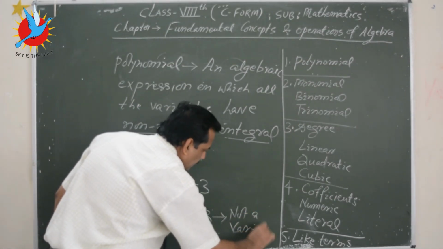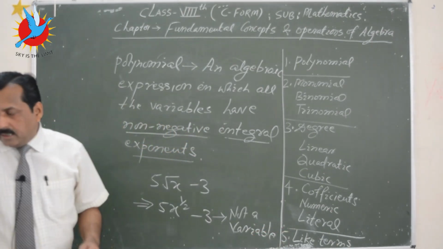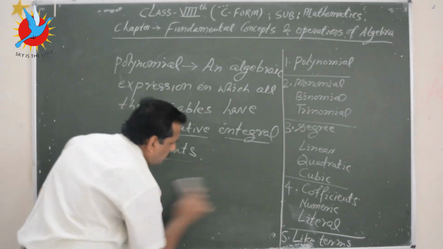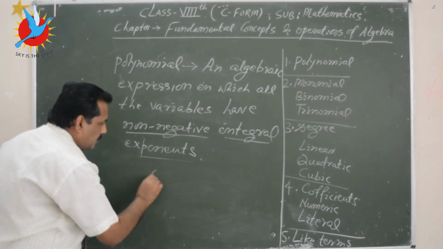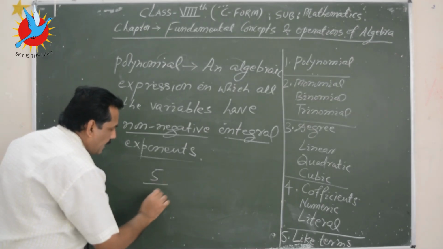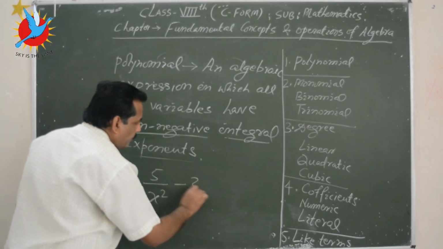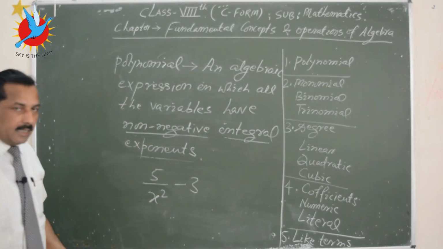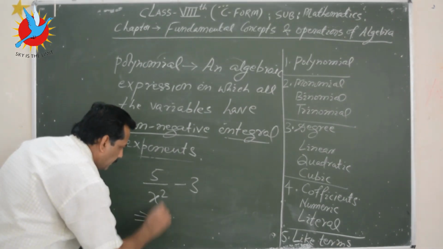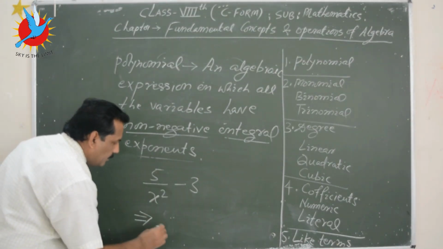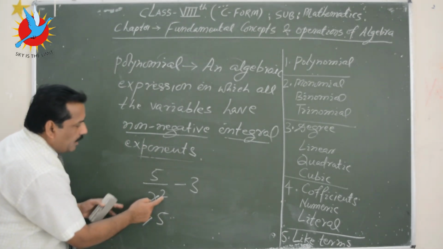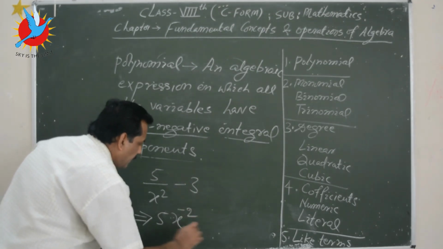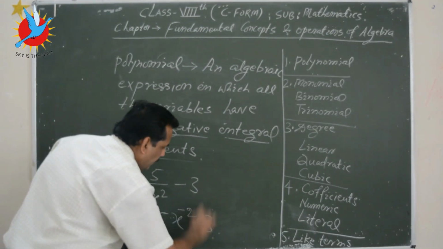Let us take another example: 5 by x square minus 3. What about the first term, 5 by x square? It can be simplified. You are aware of exponents, meaning power. If x square is moved up, its power will become negative. So it is 5x to the power minus 2, minus 3.